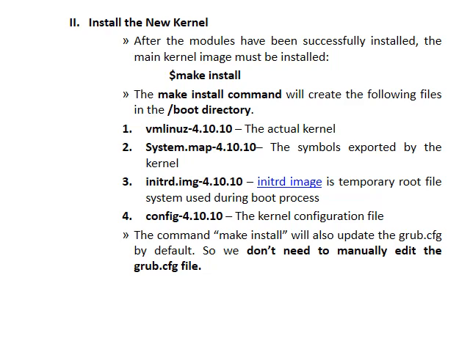The command make install will also update the grub.cfg file by default. So we need not manually edit the grub.cfg file. That is very much required during the booting process, as we have already discussed the particular grub file in the first unit.